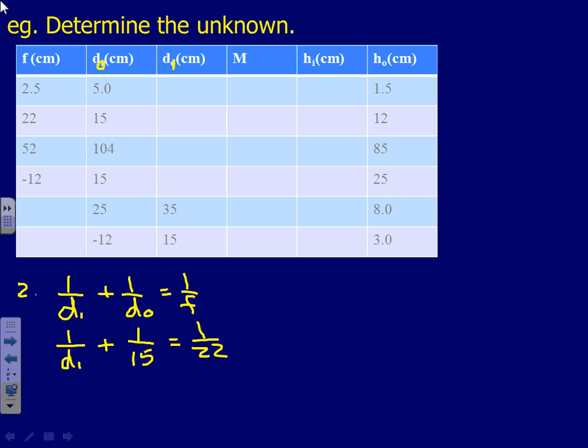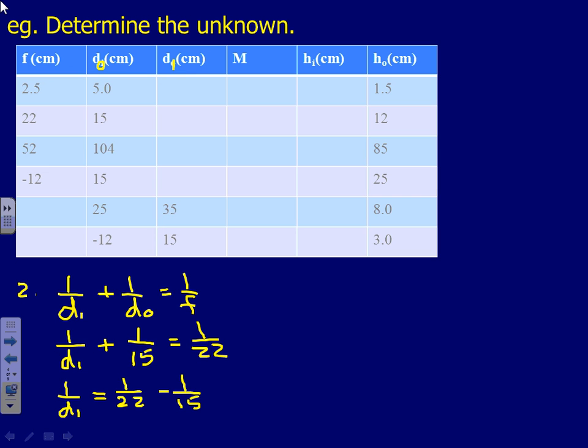The only math I want you to do in terms of rearranging is bringing this to the other side. It's going to be subtracted, correct? So 1 over di is equal to 1 over 22 minus 1 over 15.